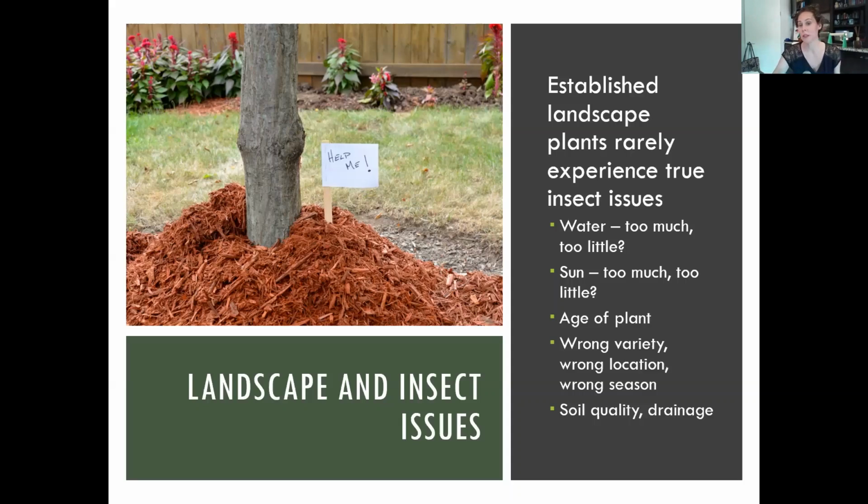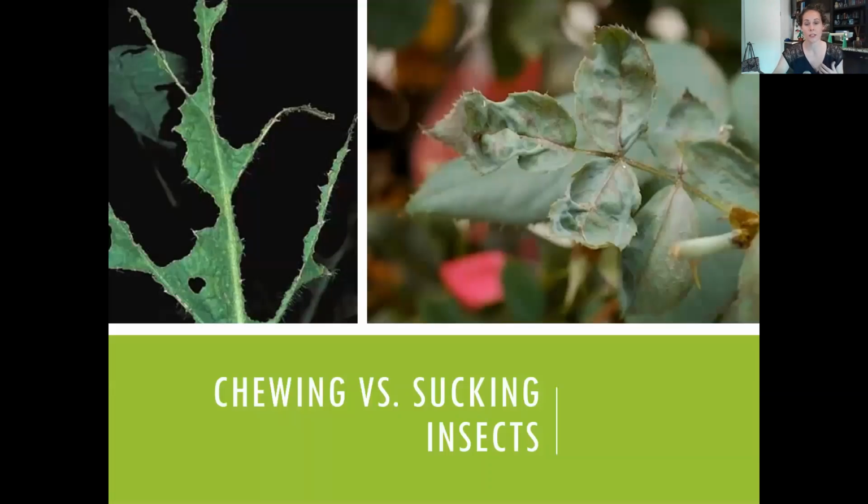If it's coming to the end of its life, then it is going to attract more insects, and oftentimes it's better just to put it out of its misery and replace it with something else. And always, if you have the wrong variety, you planted it during the wrong season, or it's not in the right spot because the soil doesn't drain well and they really want that, then they are always going to be stressed out and encouraging insects. So usually if something has a major insect issue, it's our fault. We've done something, or somebody did something, to cause that problem. It's not necessarily Mother Nature.